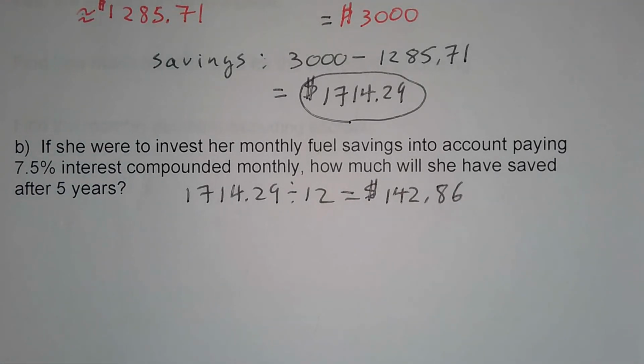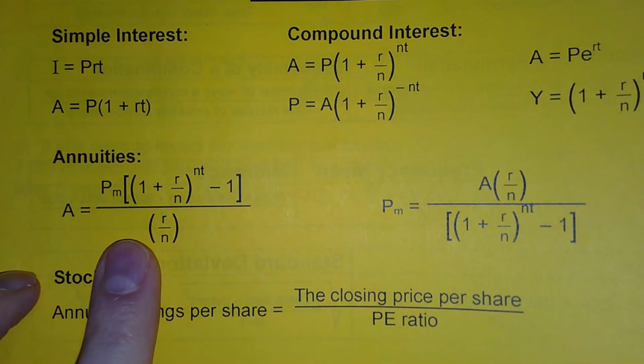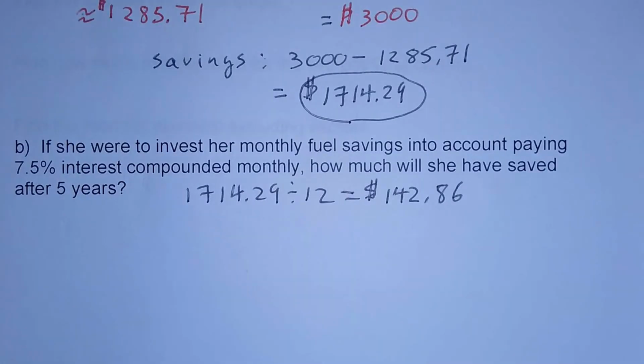Okay, so we're investing that at 7.5% interest compounded monthly. All right, so now we're back to using our annuities formula. So this one here. Let's write that down.